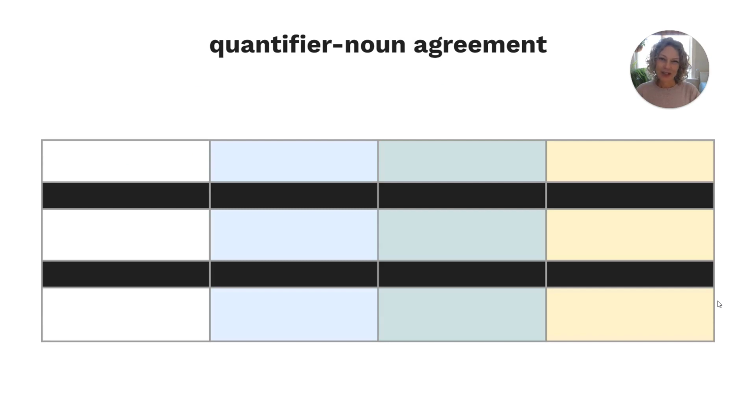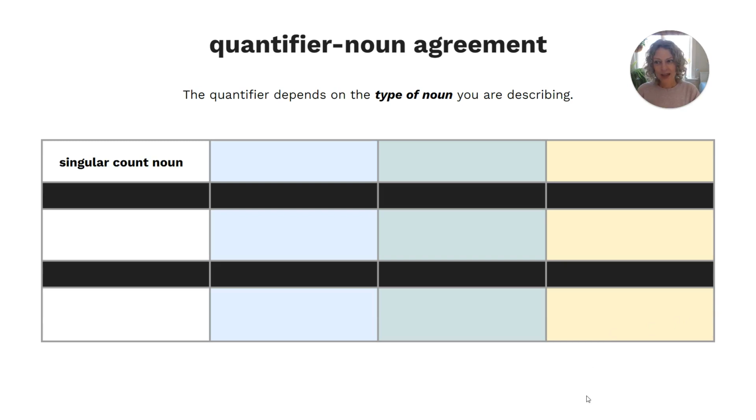And the important thing to remember with quantifiers, the confusing thing, is that you have to match your quantifier with the type of noun you are describing. So for example, if you need a quantifier for a singular count noun, you might use something like each, as in the teacher talked to each student one by one. Or you might use the quantifier every, as in every student wants to do well at school.